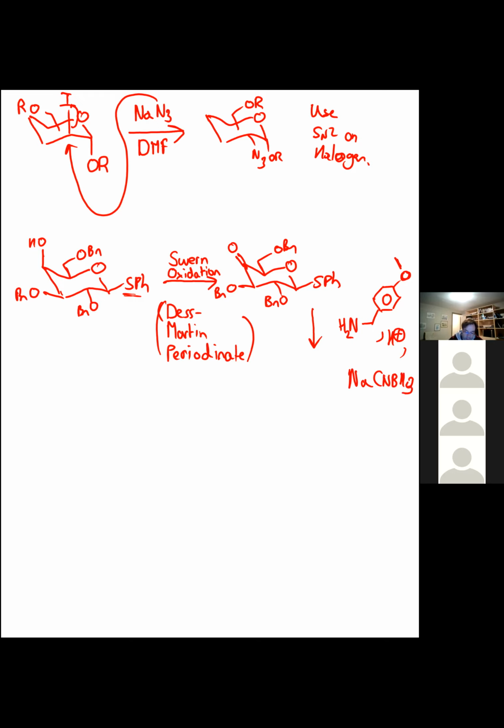And if you remember, sodium cyanoborohydride is like sodium borohydride, except it only reduces imines. It's not going to touch a ketone or an aldehyde. It's not reactive enough. It needs a carbon-nitrogen double bond. Of course, that is exactly what I'm going to get with these guys. So we think about that, and we're going, okay, I'm going to make my carbon-nitrogen double bond.